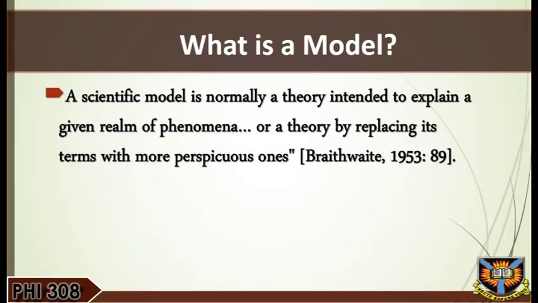Hence, a scientific model is normally a theory intended to explain a given realm of phenomena, or a theory obtained by replacing its terms with more perspicuous ones. Braithwaite, 1953, page 89.